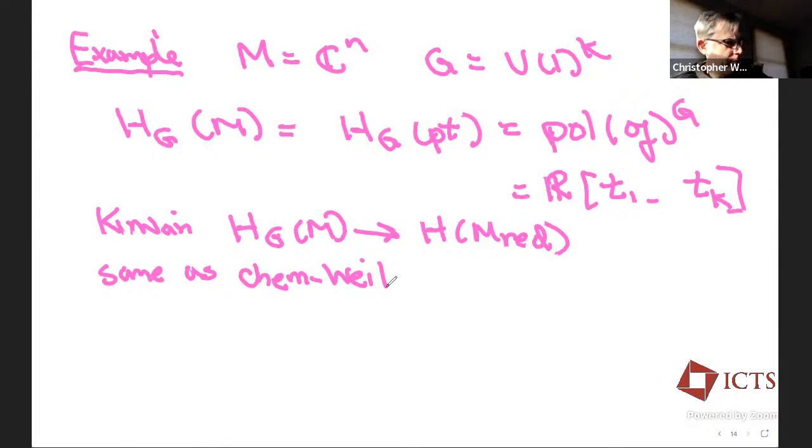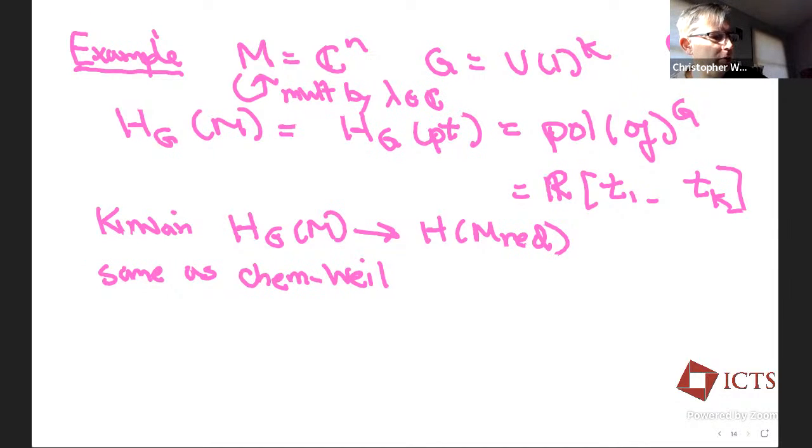So in particular, a particular example of an equivariant map would be, I can just take the map from M to itself, given by multiplication by lambda in C. And as lambda goes to 0, this gives me a deformation retract of M to a point, which is equivariant, and so induces an equivariant homotopy equivalence of C^n with a point, its origin. And any other questions?